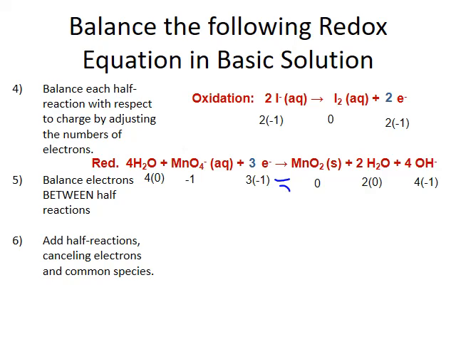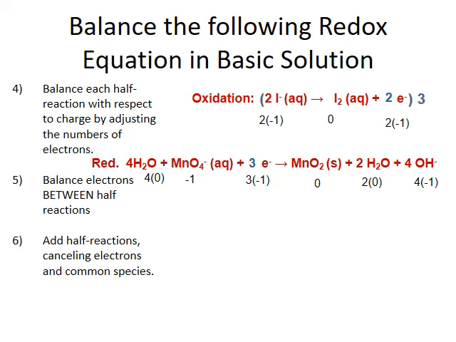Now, each half reaction is mass and charge balanced. We need to balance the electrons between the 2 half reactions before we add them together. So we have 2 electrons lost in the oxidation half reaction and 3 electrons gained in the reduction one. The least common multiple between these two is 6. So that's what we'll try to get in both half reactions.